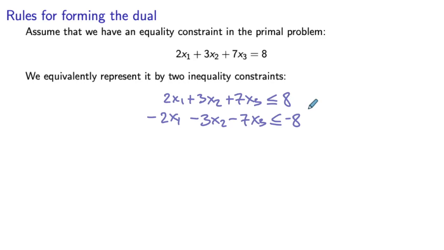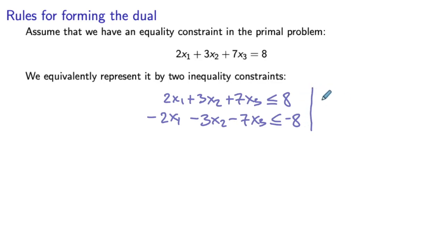Now once we replace this equality with the two inequality constraints, when we have this equality arising in the context of a primal problem, this is how it's gonna appear in the dual problem. We'll introduce a dual variable for each of these two constraints.